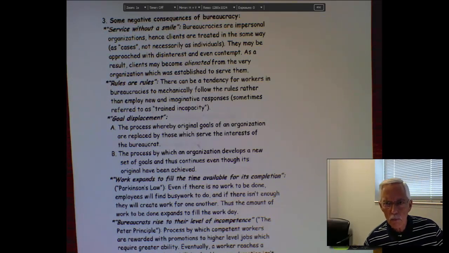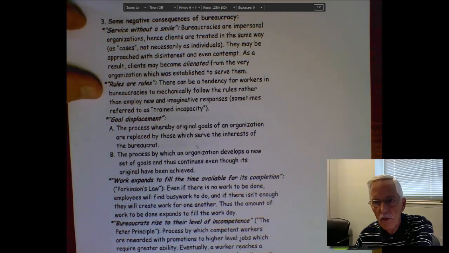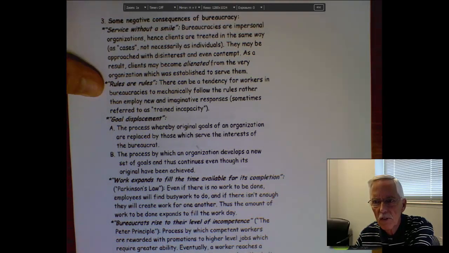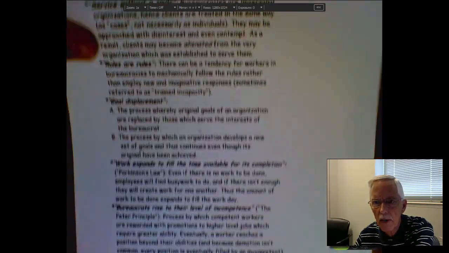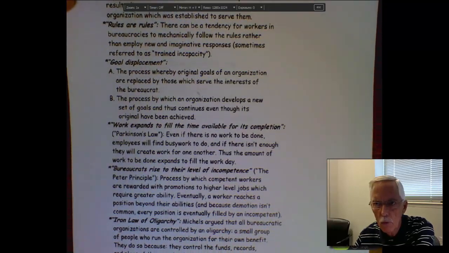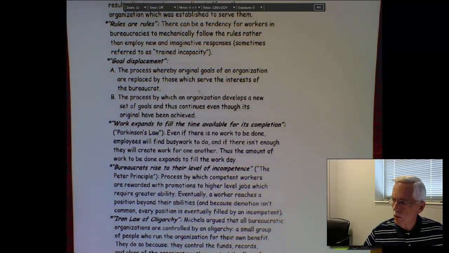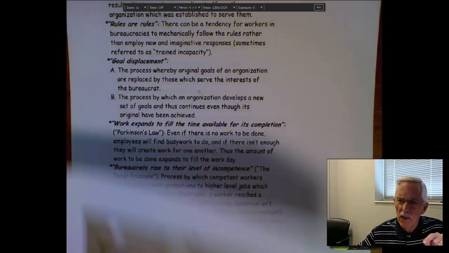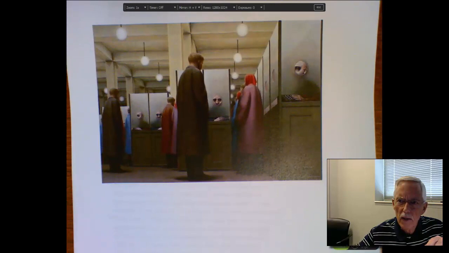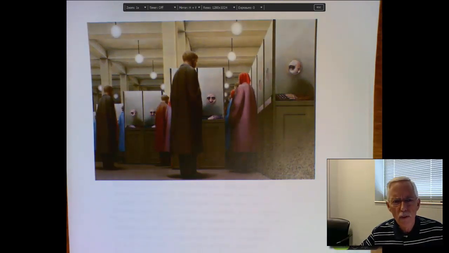Another potential problem that crops up in all bureaucracies has to do with the second dysfunction you see listed on page 5: rules are rules. But before I go into this second dysfunction, another way to illustrate a sense of alienation: take a moment and look at this fairly well-known portrait by Toker.